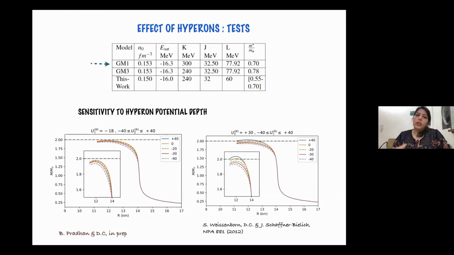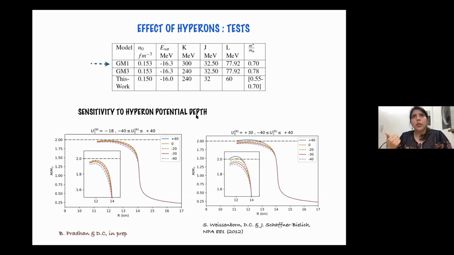Now that we included hyperons in this calculation, we first wanted to verify the results with our earlier paper from Weissenborn et al. For this, we first switched off the isovector interaction and the potential depth of the lambda particles.